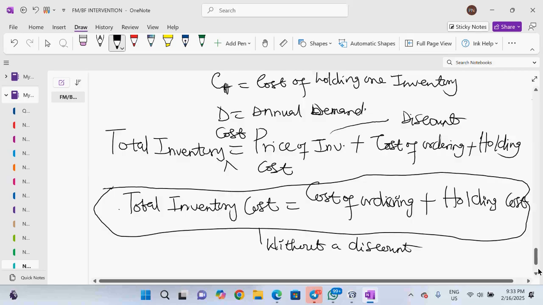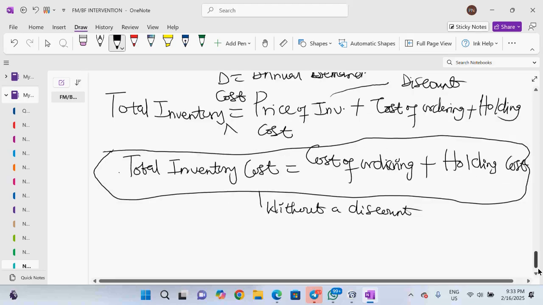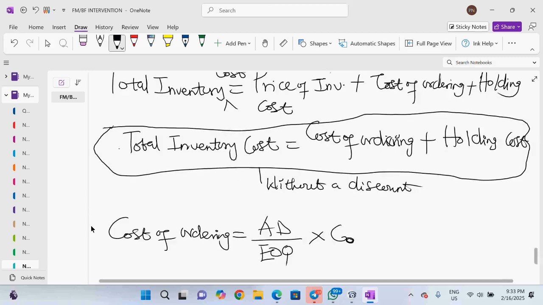Then what is the cost of ordering? The total cost of ordering is the annual demand over the EOQ, or the Q, times the cost per order.